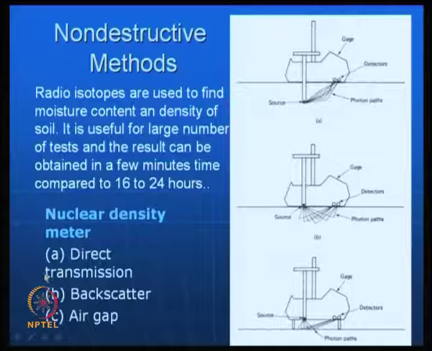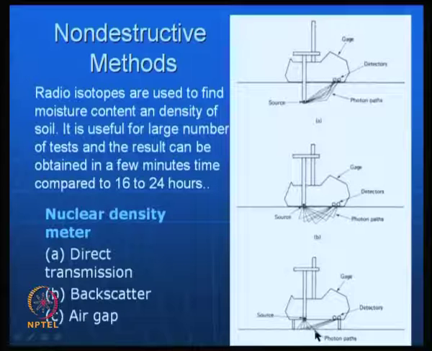This is called direct transmission, and of course this also has some sort of penetration here. The second would be the back scatter, in which you have a source here and pickup receivers here. So you can see the scattering of particles, then you have an air gap also. In some cases you need to have an air gap also, that could also give some interpretation.